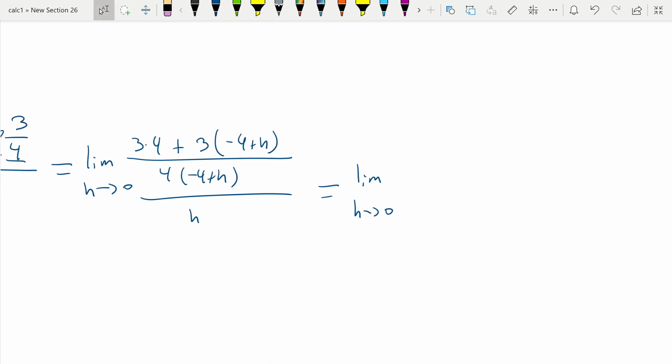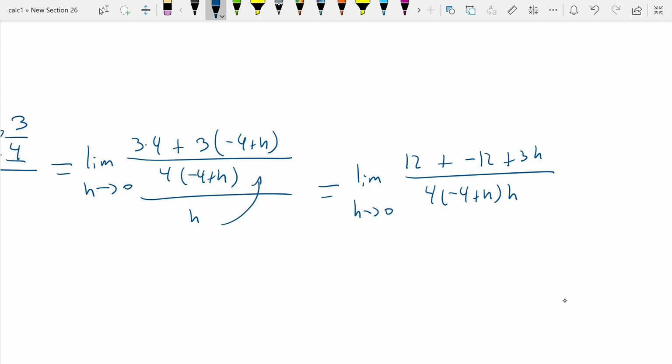So this becomes the same as 12, 3 times 4, plus 3 times minus 4, which is minus 12, plus 3 times h, all of that divided by 4 times minus 4 plus h, and all of that multiplied by 1 over h. This comes from the fact that h is the same as h over 1.